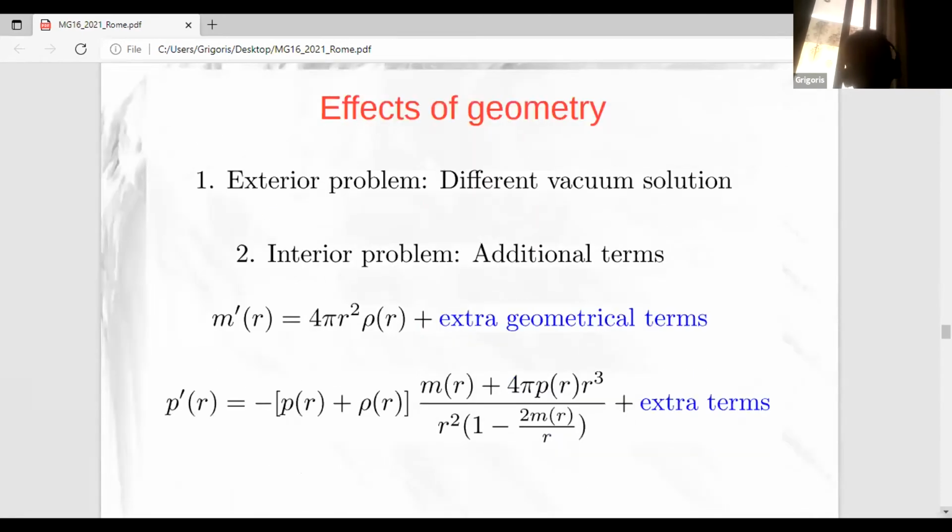Now, if you imagine an alternative theory of gravity, the structure equations describing hydrostatic equilibrium are modified. In concrete theories, these new modified generalized structure equations can be very messy.